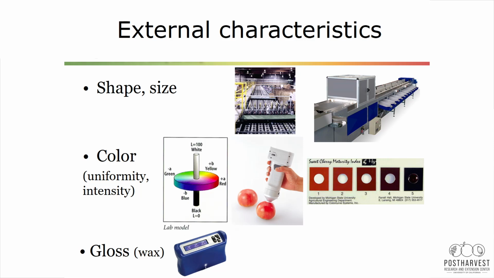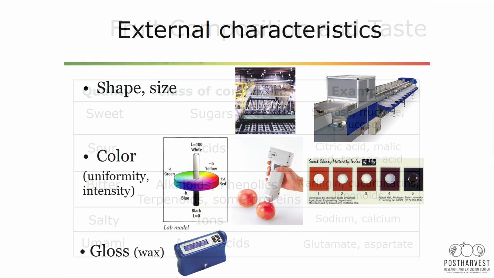You can do that a little bit less high-tech and use a color meter. So you've seen these instruments, hopefully some of them yesterday in the demos. You can also use gloss or color tiles if you're trying to assess maturity.